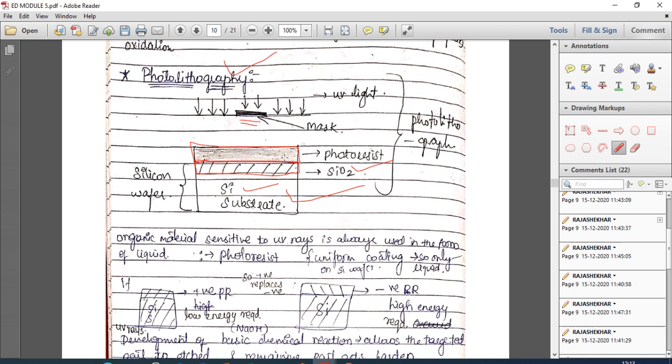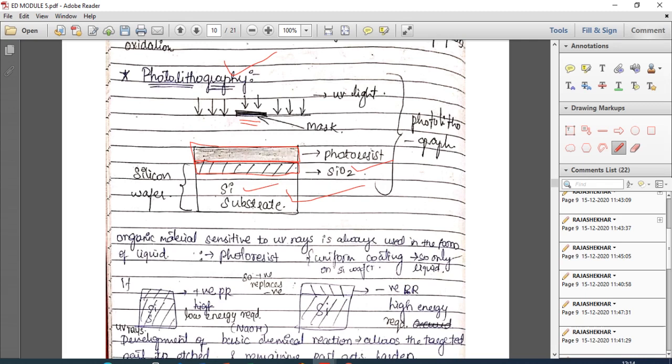When we want a particular part to be hardened and a particular part to be softened. As we know, this photoresist material is in liquid form, because we want a uniform distribution of this material on the surface of SiO2.